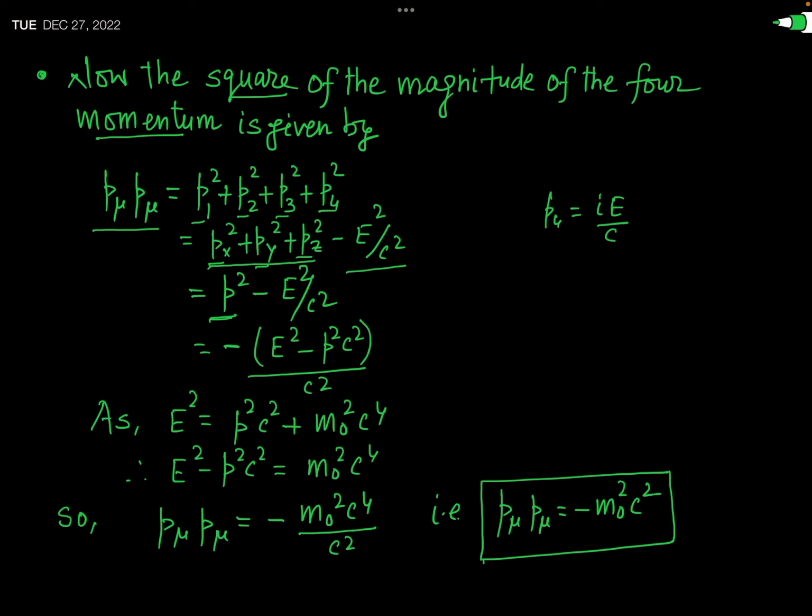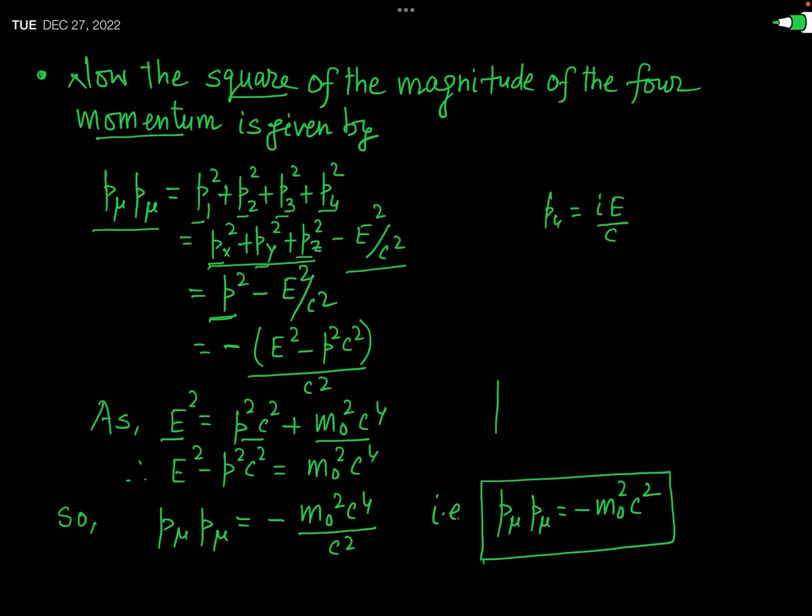Now definitely you know, and I have discussed this relation in great detail in the previous lecture on special relativity, Einstein's mass energy equivalence relation and the energy momentum relation. The relativistic relation between energy and momentum is E square equal to P square c square plus m naught square c to the power 4.